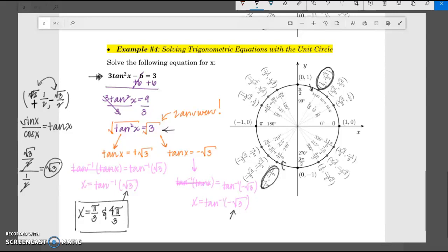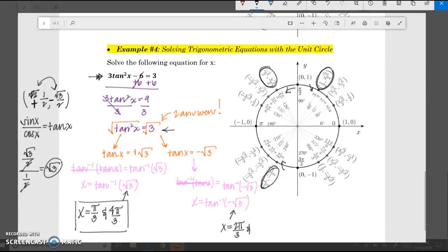So I'm still looking for the same x and y, but I need the signs to be opposite. So the first place that happens is right here at negative 1/2, root 3 over 2. So our x value there is equal to 2 pi over 3.